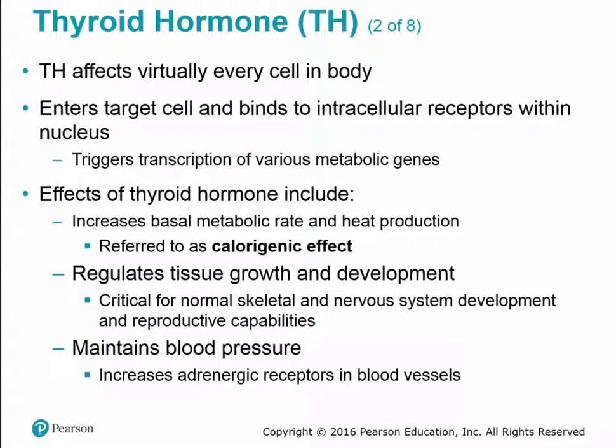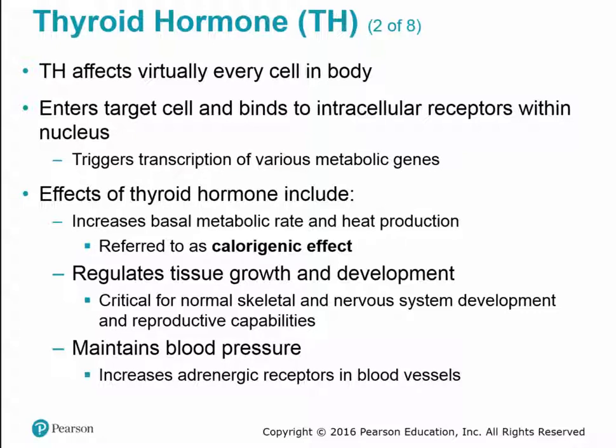Thyroid hormone affects virtually every cell in the body. So this is why we call it the major metabolic hormone. Every cell has to undergo metabolism and cellular reactions, so they're all going to have receptors for this thyroid hormone.